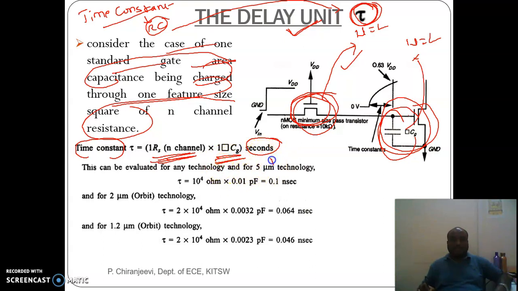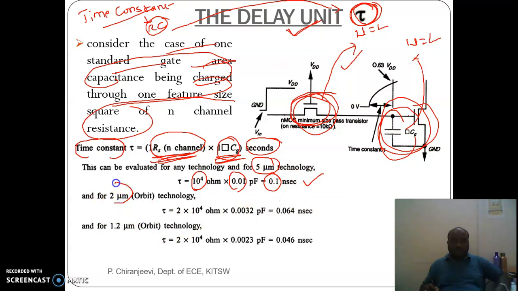If you evaluate it for 5 micrometer technology, tau is equal to, so the sheet resistance of an N channel MOSFET for 5 micrometer technology is 10 power 4 ohms, and the standard unit of capacitance for 5 micrometer technology is 0.01 picofarad. When we multiply these two, the time constant or delay unit will result in 0.1 nanosecond.